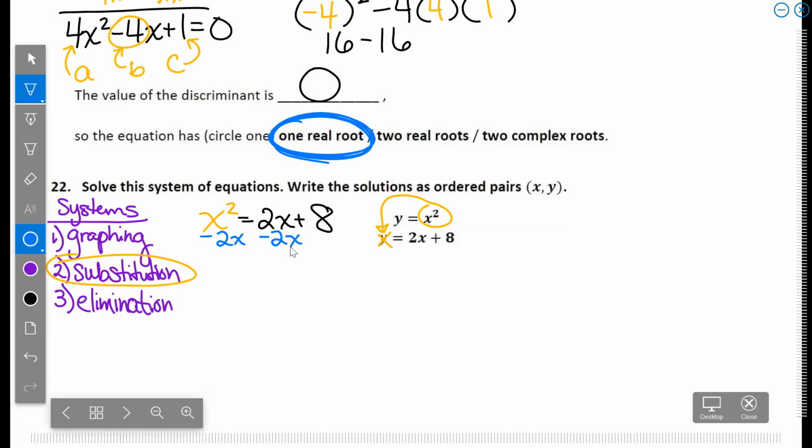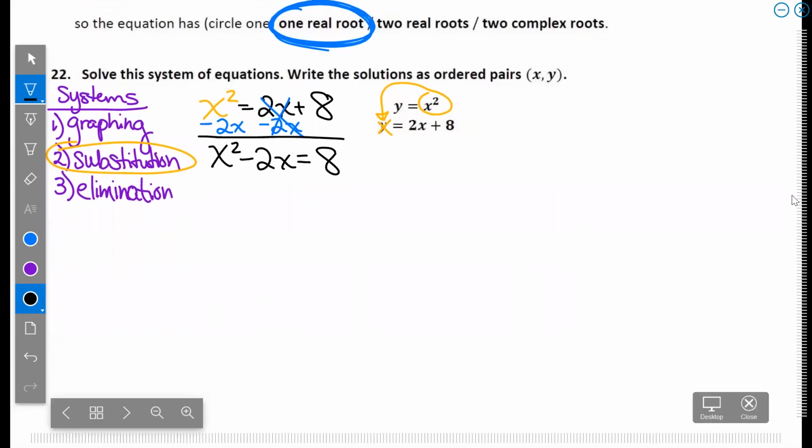Remember, I don't ever want my a value to be a negative, so that's why I'm minusing the 2x. X squared minus 2x equals 8. How do I get this equal to 0? Minus 8 from both sides. So x squared minus 2x minus 8 equals 0.